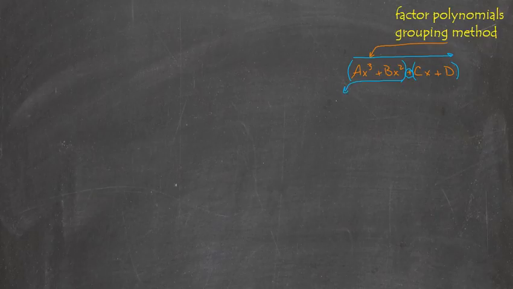Remember ME, you want to take out whatever's common to both terms. So like in this case, you would have an x squared that you could divide both terms by, just in this first grouping. So if you pull out the x squared, you're left with ax plus b. And then you would duplicate this here, doing exactly the same thing.